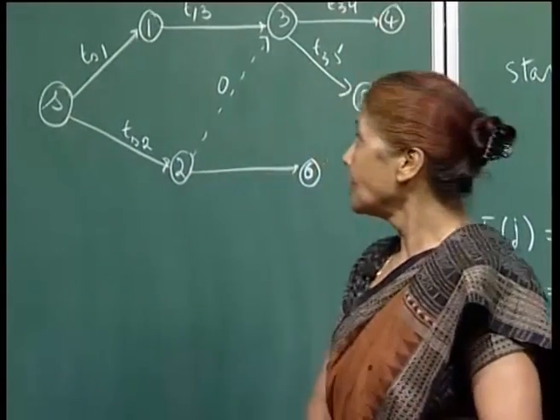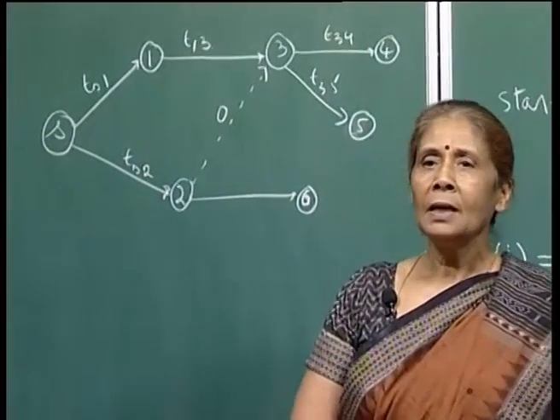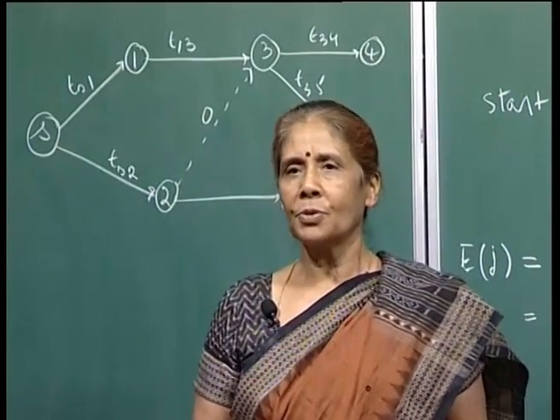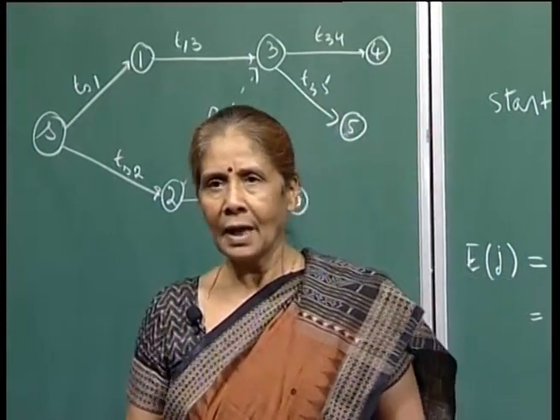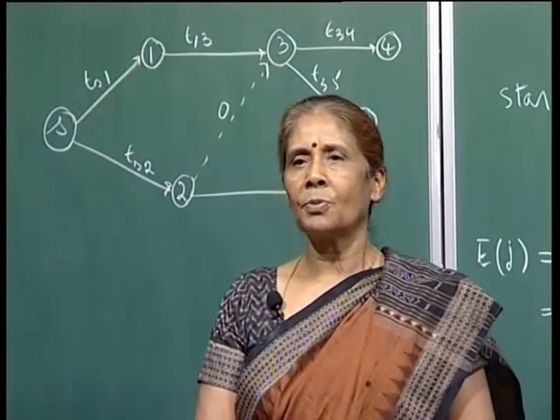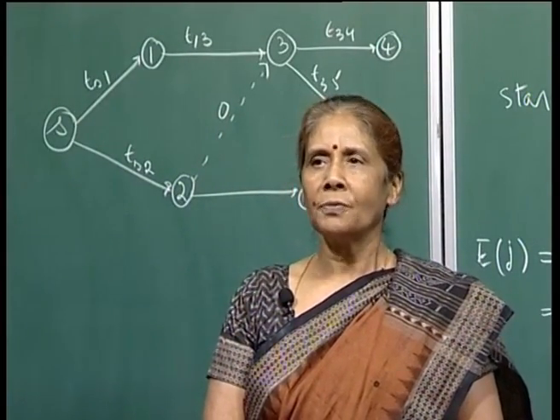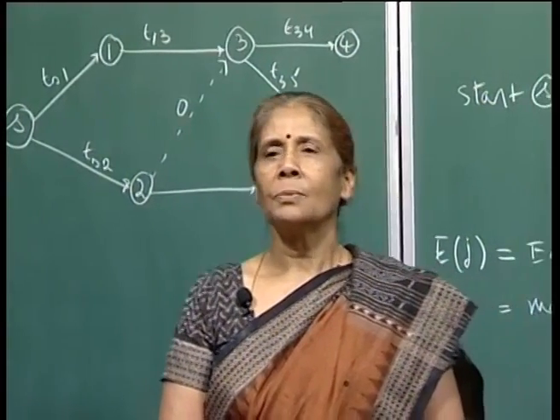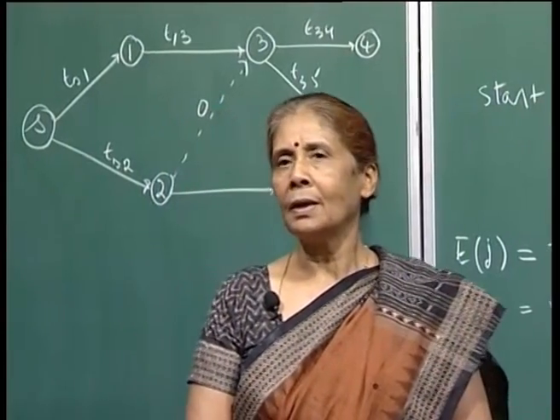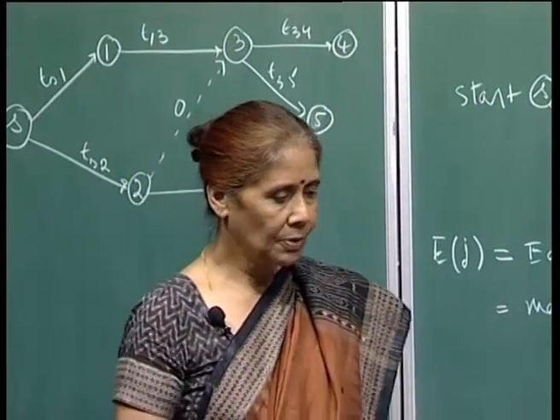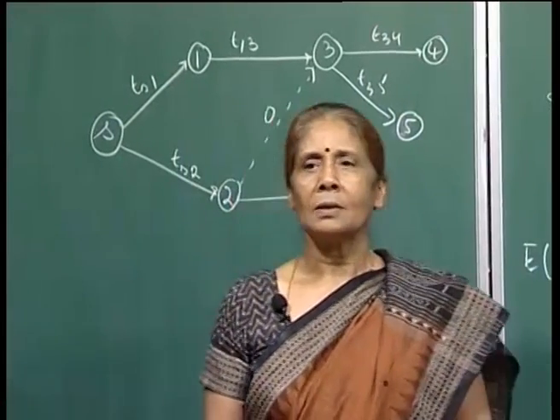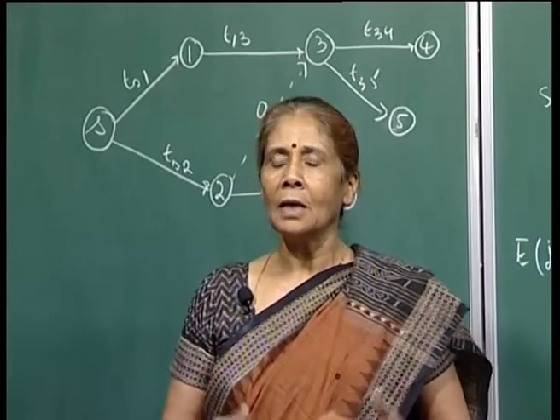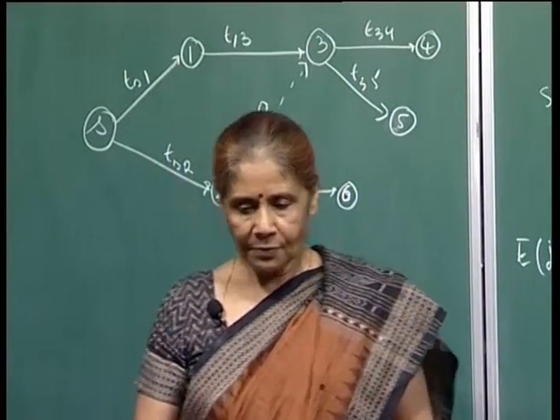My reason for including this in this course is that some of the network techniques that we have learned and the linear programming formulations can help you to formulate these problems, so that you can try to find solutions, and you can provide some sort of guidance to a project manager who would otherwise be helpless. He or she would not be able to take care of things if something is going wrong, something is getting delayed, or something can be done in a faster way.